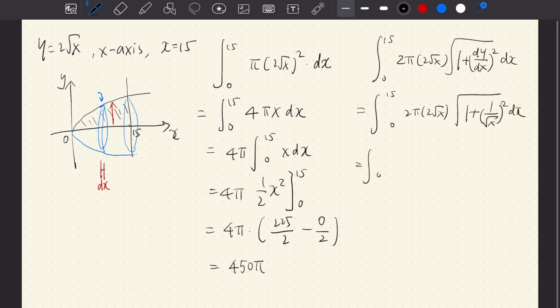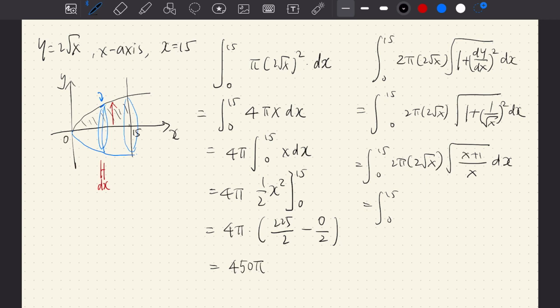Now you can evaluate this integral by writing it as the integral from 0 to 15 of 4 pi times the square root of (x over x plus 1)... you can cancel the square root of x out, and here you have 4 pi times the square root of x plus 1 dx.